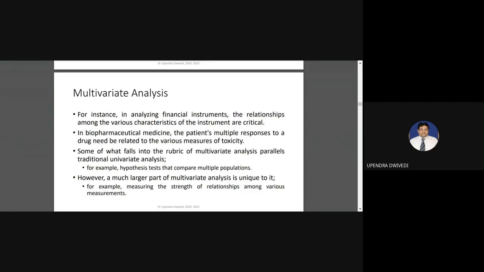We also measure the toxicity among patients for any drug. Here the relationship is more complex.